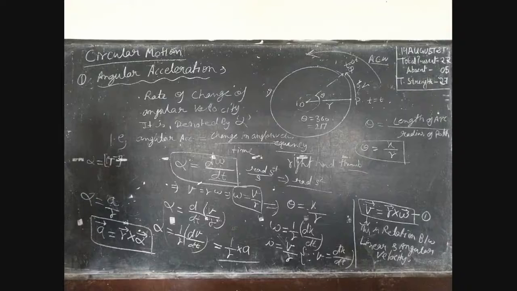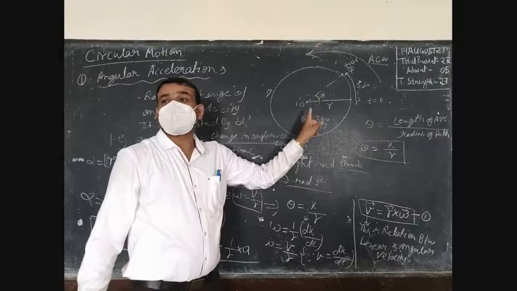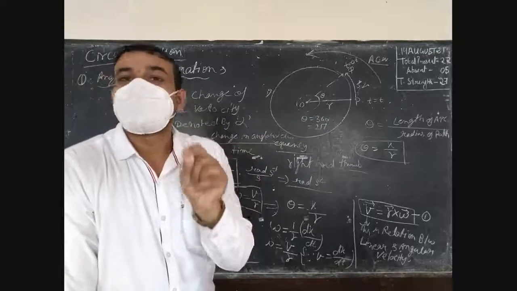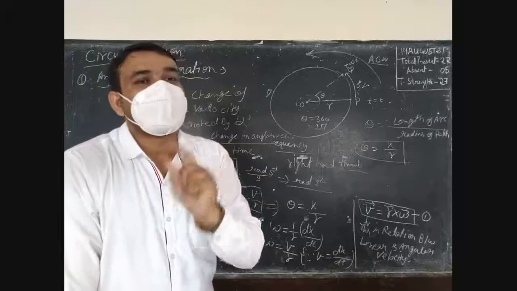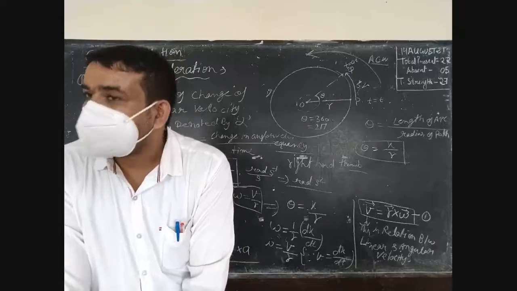Why? Because we are discussing it in radian form, so the angle swept by the particle is a numeric value, that means 2 pi or 360, and it does not have any dimensional formula.